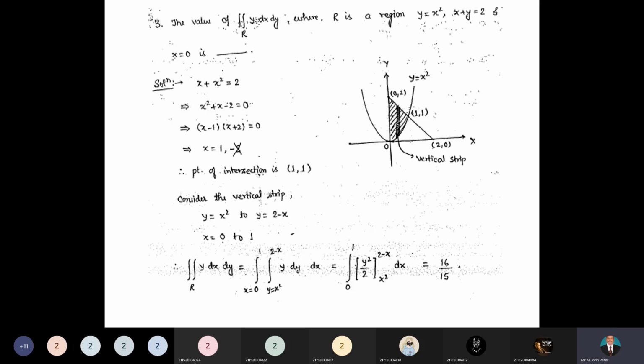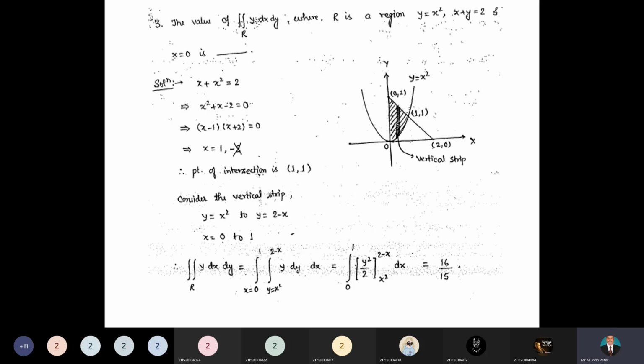Further, there is no shaded region, so that is the maximum value x takes. Hence x equal to 0 to x equal to 1. You can draw an imaginary straight line passing through the point 1, 1. So the x limit is fixed, x equal to 0 to x equal to 1.